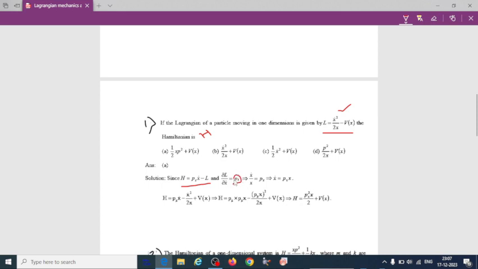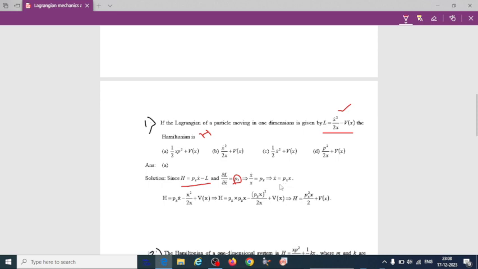Dou L by dou x dot is equal to momentum px. Modifying this, x dot divided by x is equal to px.